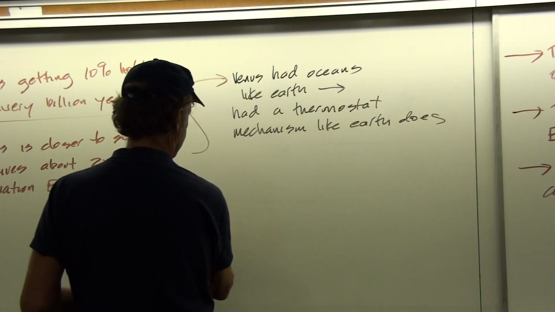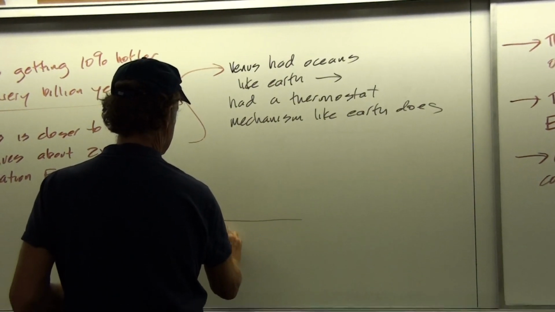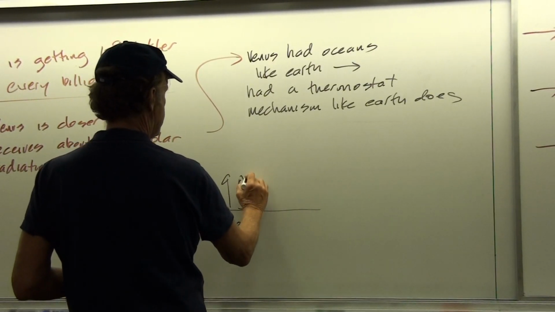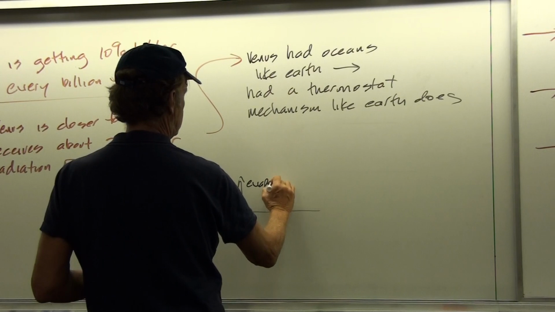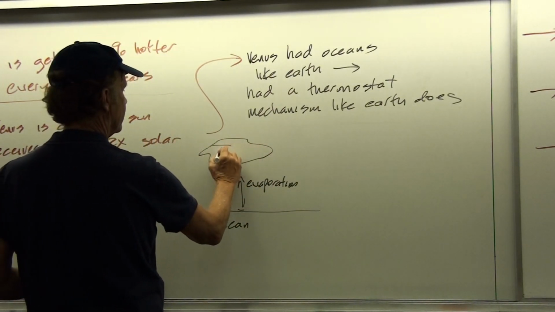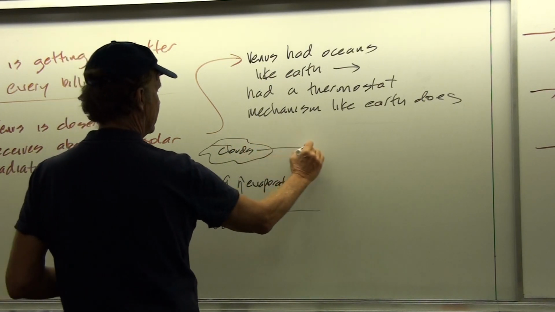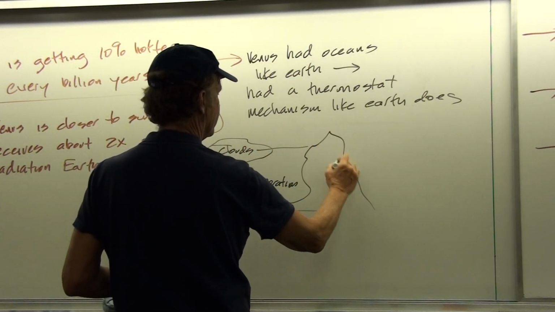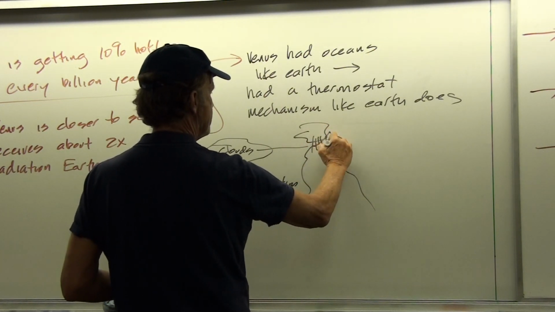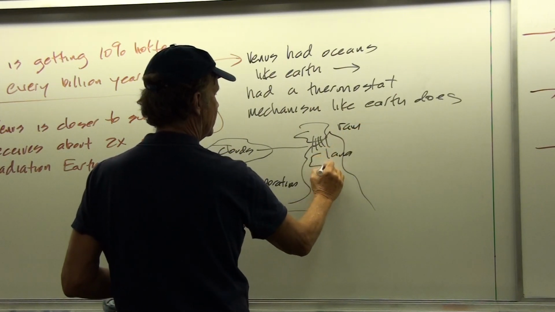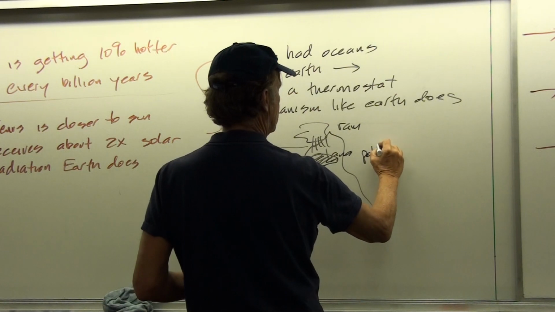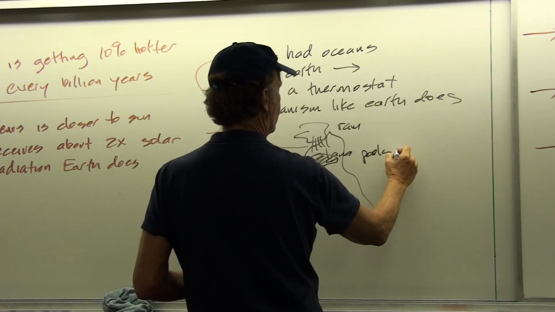So here's how it works on the Earth. You've got the ocean. And then here you've got evaporation. And then that condenses to form clouds. The clouds oftentimes will blow over the land and rain. Then you'll get pools of water.